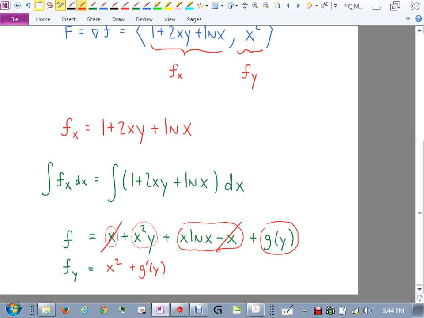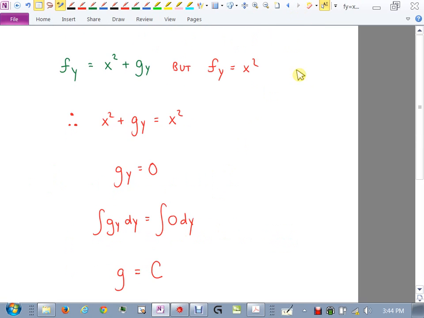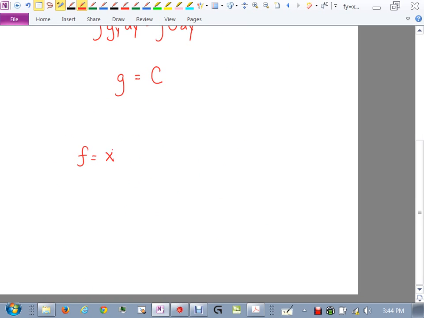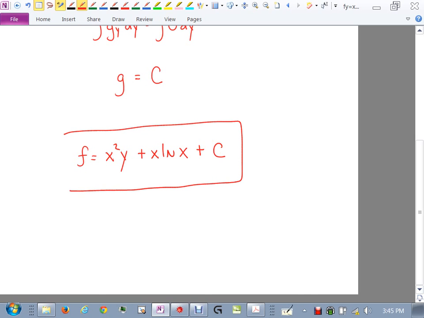Okay, those x's cancel. See those? I was looking and going, what the hell? So f is equal to x squared y plus x ln x plus some constant. That is my family of potential functions. I could replace c with any number, and that would create that vector field when I took its gradient. Make sense?